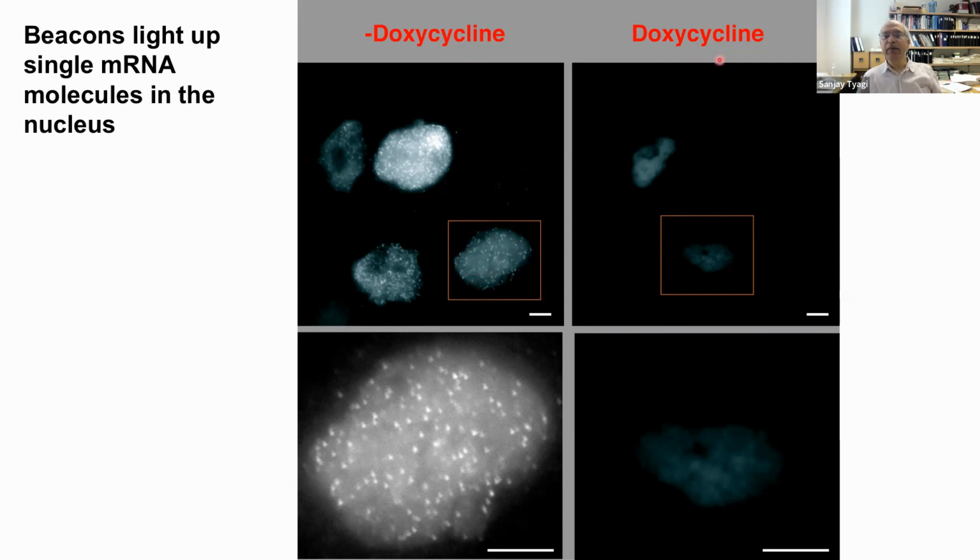In the absence of RNA expression, which happens with doxycycline, you don't see those spots. And this is an enlarged area of one of the nuclei. And these spots we were able to show are actually single molecules of this RNA bound to perhaps 96 beacon molecules in live cells. And they're moving around.